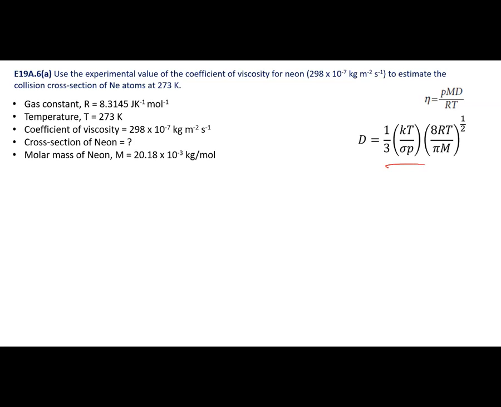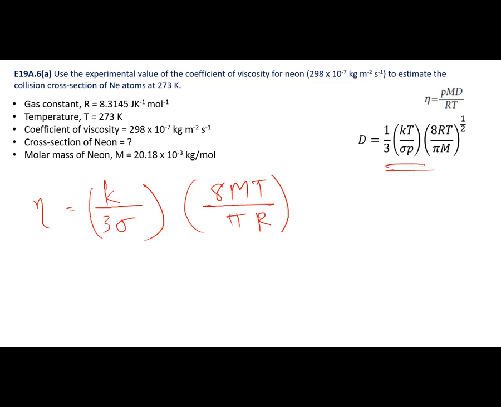So this equation we solved from before, and we also derived, we substituted this D in this one, and we end up with k over 3 sigma times 8 mT over pi R, power half. So this is the equation that we got in one of our previous problems.